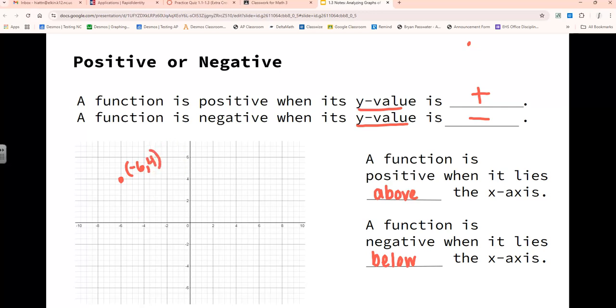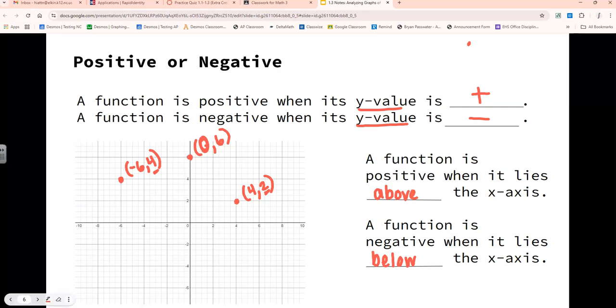It has a positive y coordinate. It is above the x-axis, right? This point right here is the point 4, 2. Positive x coordinate, positive y coordinate, above the x-axis. Something like this, 0, 6. Positive y coordinate, above the x-axis.